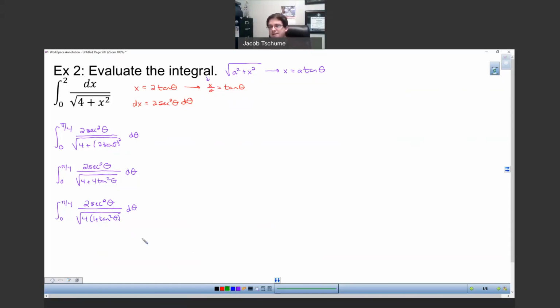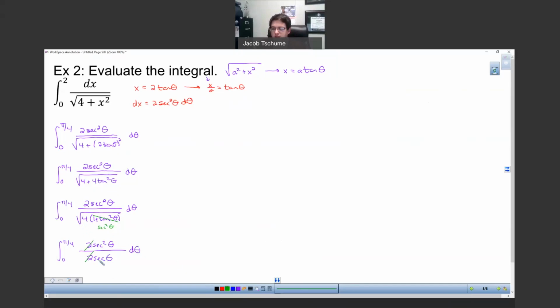And from the identities that we went over earlier, 1 plus tangent squared can be replaced with secant squared, and now we can apply our square root. So this would be the integral from 0 to pi over 4. On top, you still have a 2 secant squared theta. And then on the bottom, the square root of 4 secant squared would just be 2 secant theta d theta.